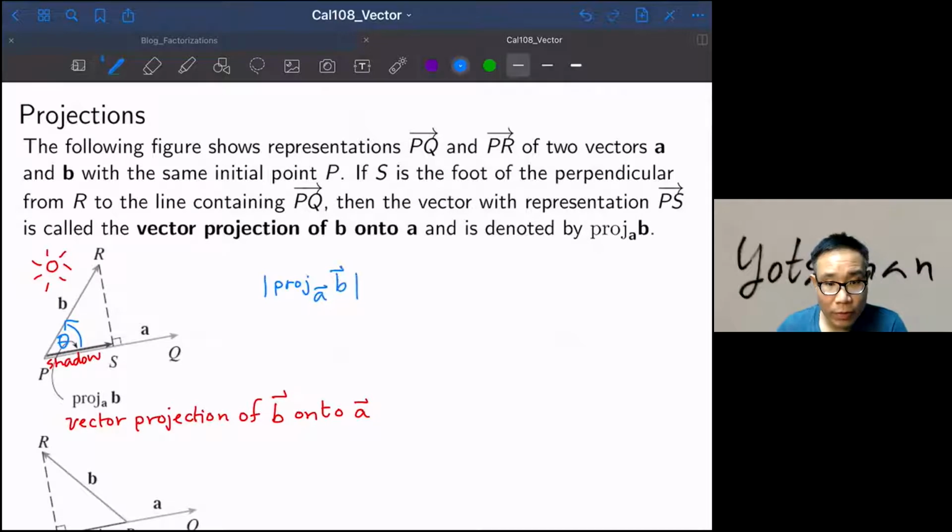Okay, so the norm of the projection over the norm of B turns out to be equal to cosine theta.